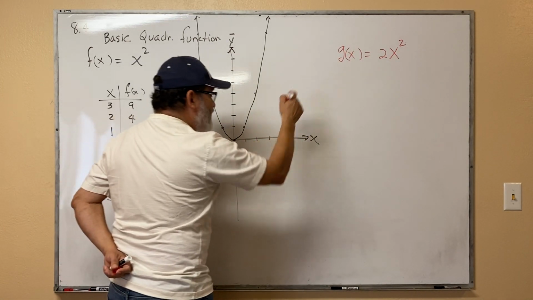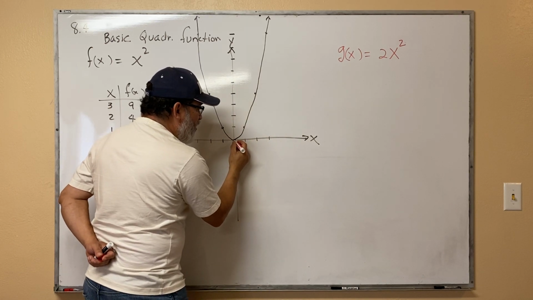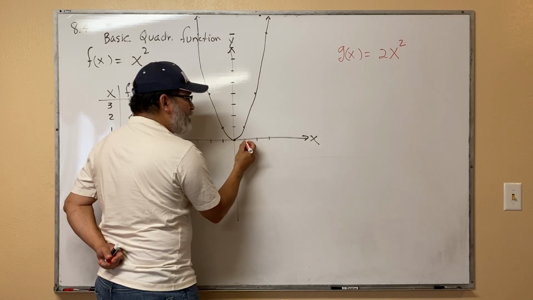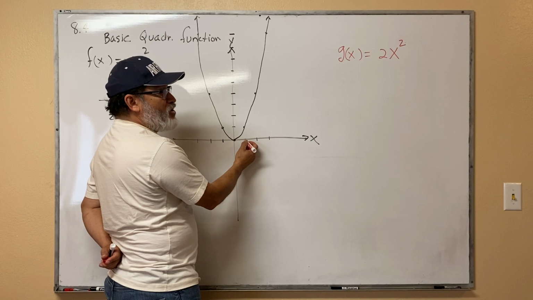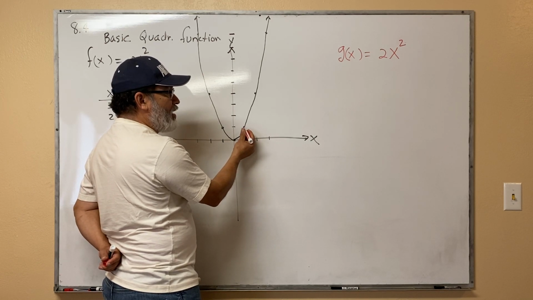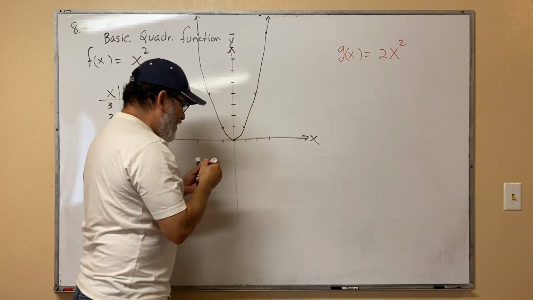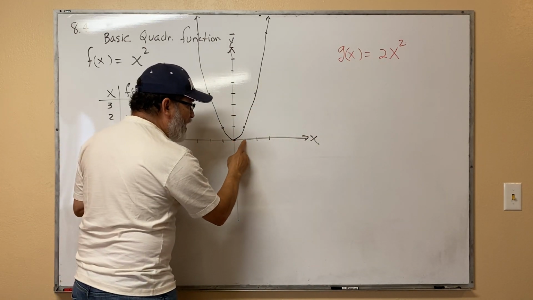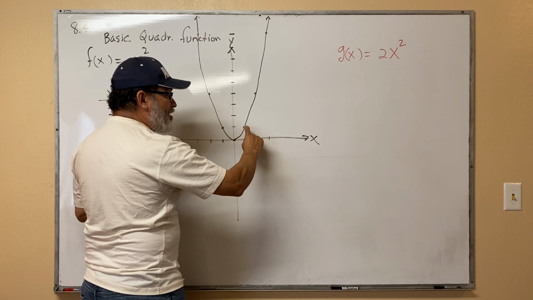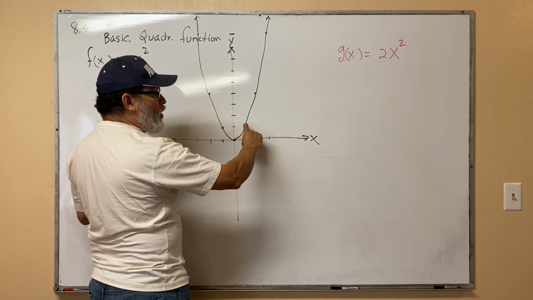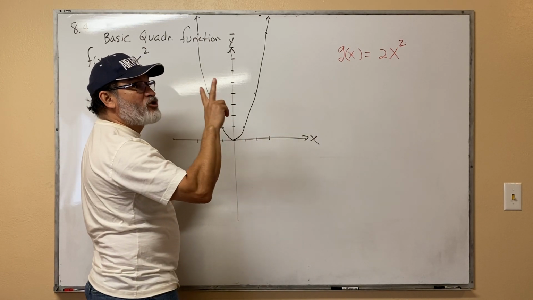So, to graph that, you say once to your right. If it was the basic parabola, you would say 1 up. But because this is multiplied times 2, you take the basic parabola's 1 and multiply times 2.